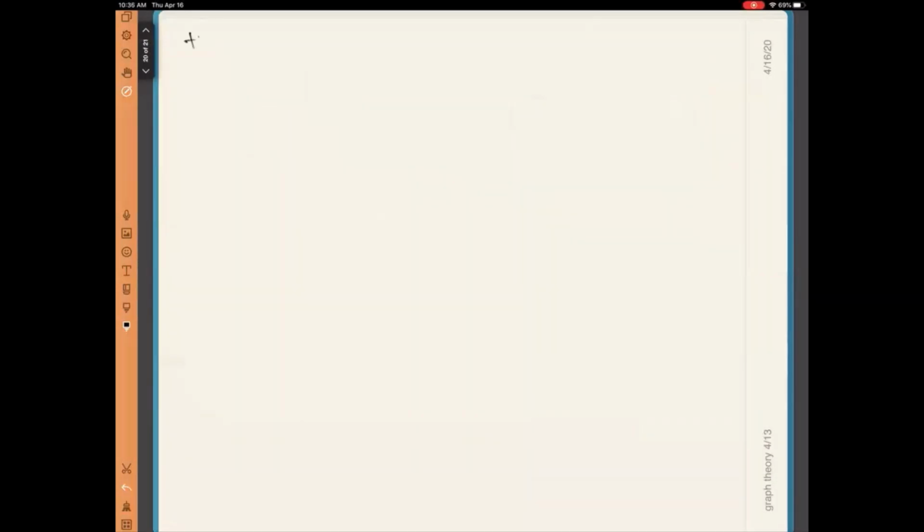So therefore, what we've just shown is that if I have some vertex v which is not equal to a, so a was the starting point, then v has even degree.